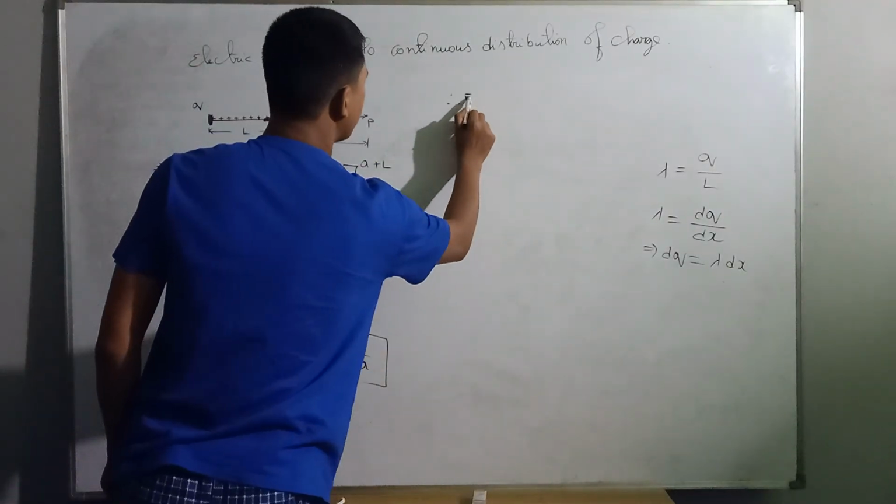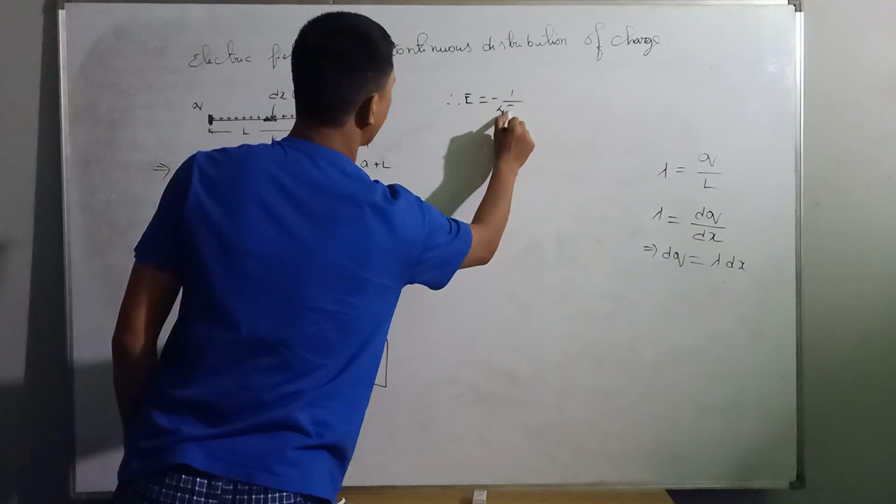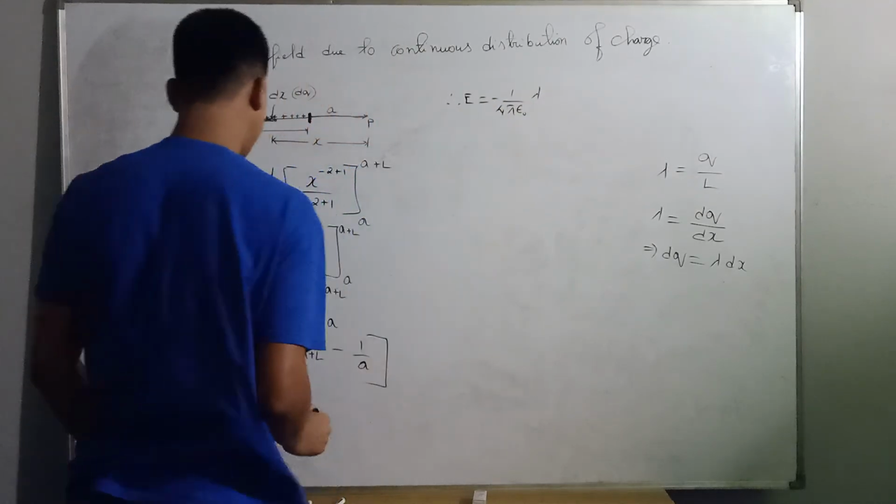So your E will be minus 1 by 4 pi epsilon naught lambda.